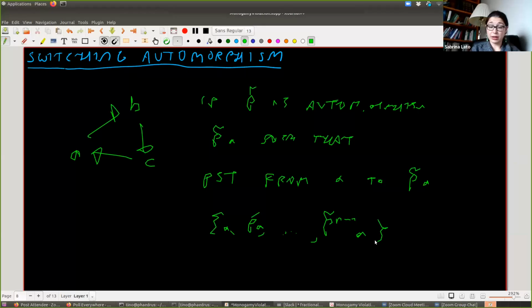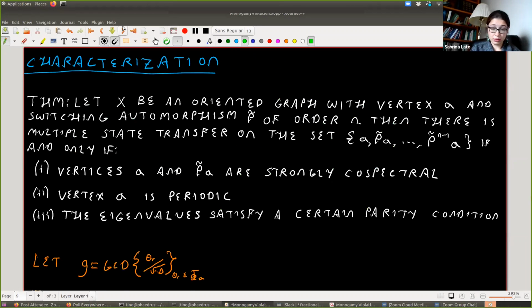And with that in mind, we can come up with a characterization that if you have an oriented graph, then you have this multiple state transfer on the set of vertices that are under the image of the automorphism, if and only if your vertices in the image are strongly co-spectral, the vertex is periodic, and the eigenvalues satisfy a certain parity condition, which is just the time the perfect state transfer occurs.